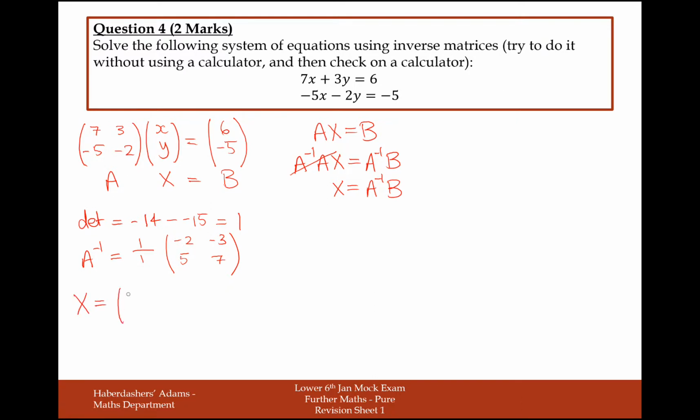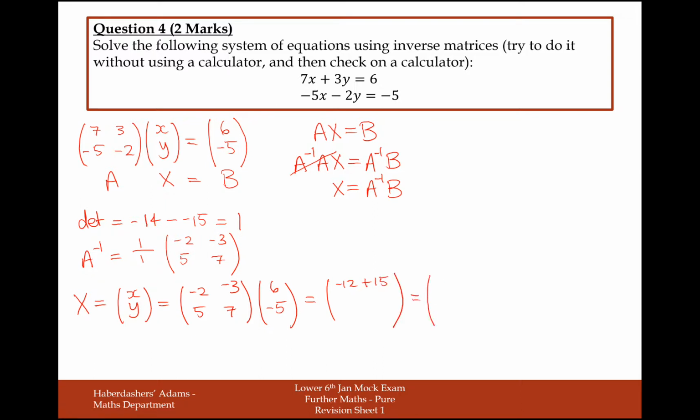X was representing the vector x, y, and I'll calculate this by multiplying minus 2, minus 3, 5, 7, times by the B matrix, 6, minus 5. So this will give me minus 2 times 6 is minus 12, add minus 3 times minus 5 is plus 15.